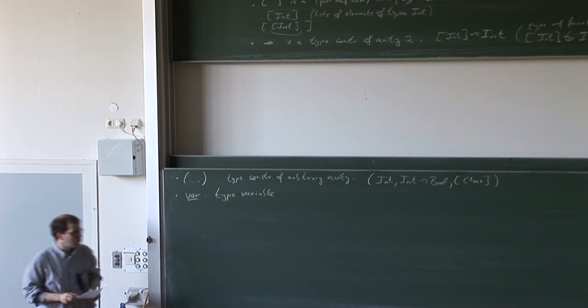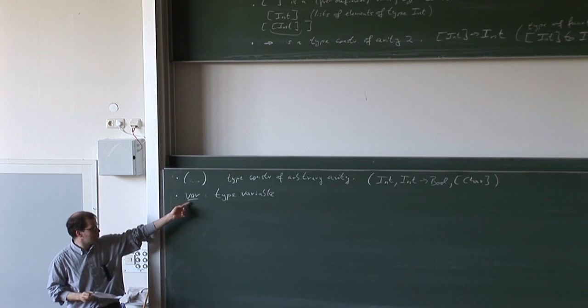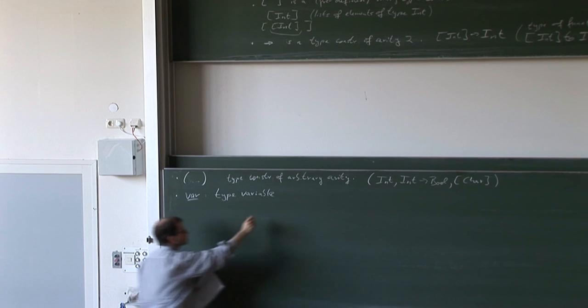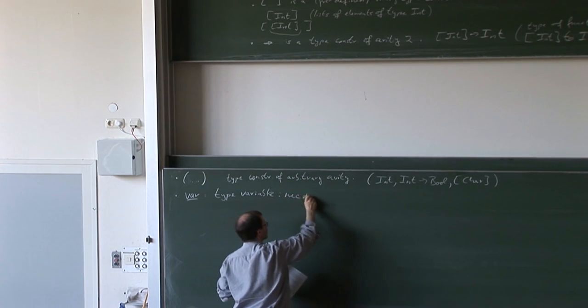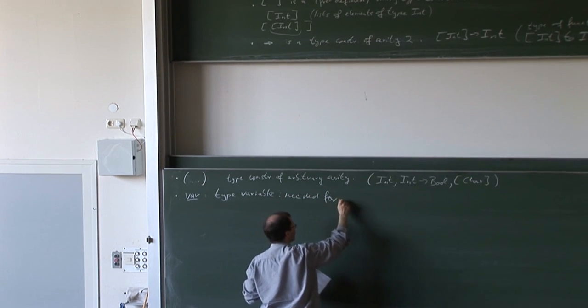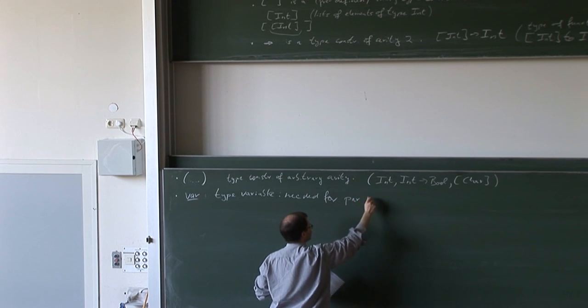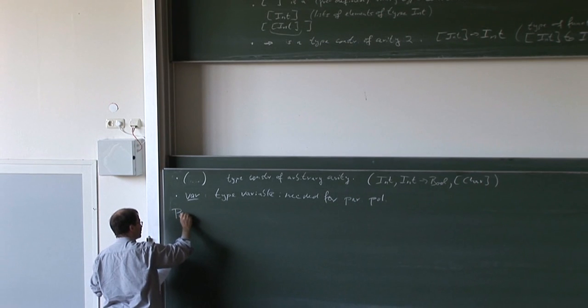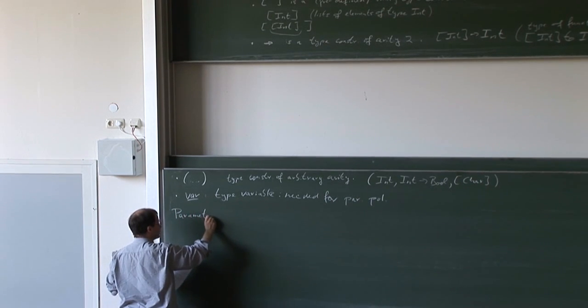Now, the first form of polymorphism, which is the form where we need these type variables, is called parametric polymorphism. So this is needed for parametric polymorphism, and let me try to explain what this is first.